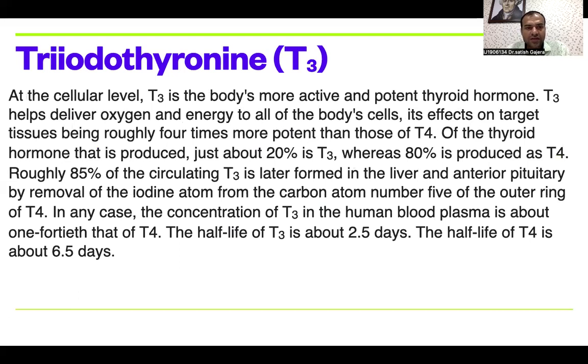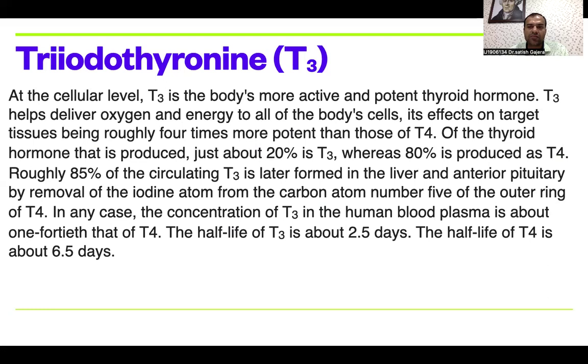At the cellular level, T3 is the body's more active and potent thyroid hormone, as we have already discussed in the introductory session of this video. T3 helps deliver oxygen and energy to all of the body's cells.